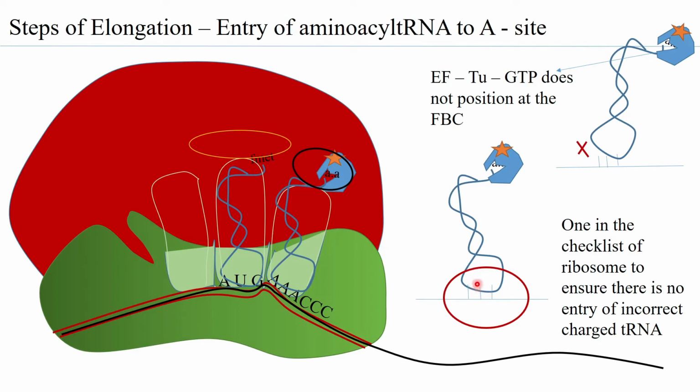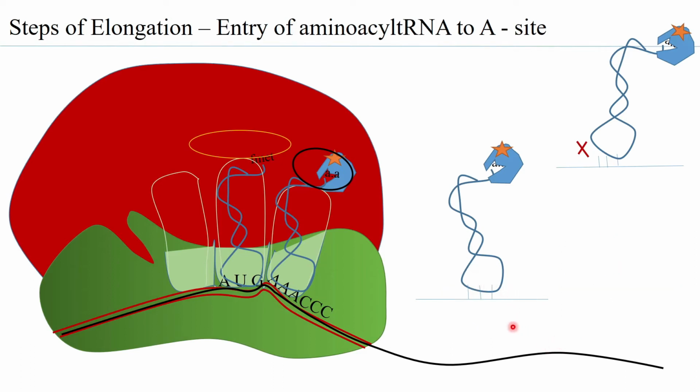Now this fact is taken advantage of by the ribosome to look at whether a correct minor groove has been formed or not. So how is that done? At this site where you have the A site, you know this pocket, half the pocket of the A site is part of the 30S and half the pocket is part of the 50S. And just below the pocket, in fact the entire subunit has the 16S rRNA, different parts of 16S rRNA positioned at different places.